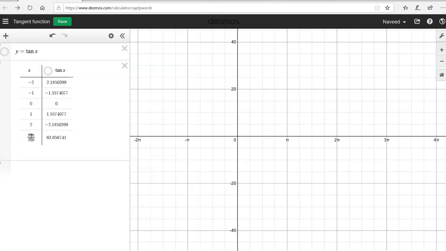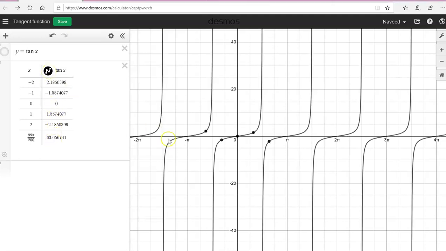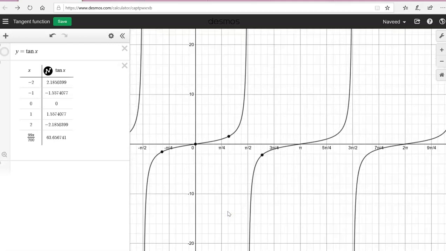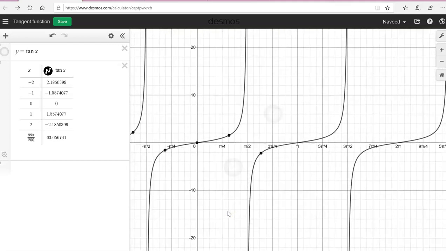This is a different unit, radians we are using, so you've got to stay on radians on your calculator. It's very important. And once you plug the numbers into the calculator, these values will come out, and sure enough, you will see this type of graph. It does not look like a sine or cosine graph, so I want to zoom in. I want you to see what is happening.